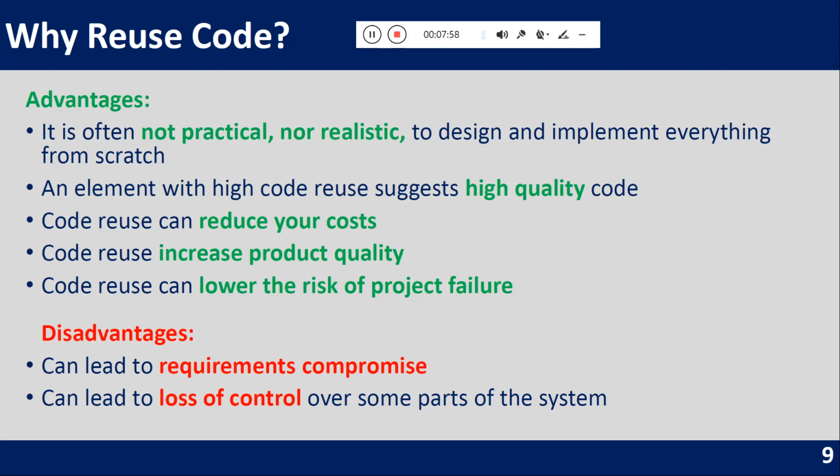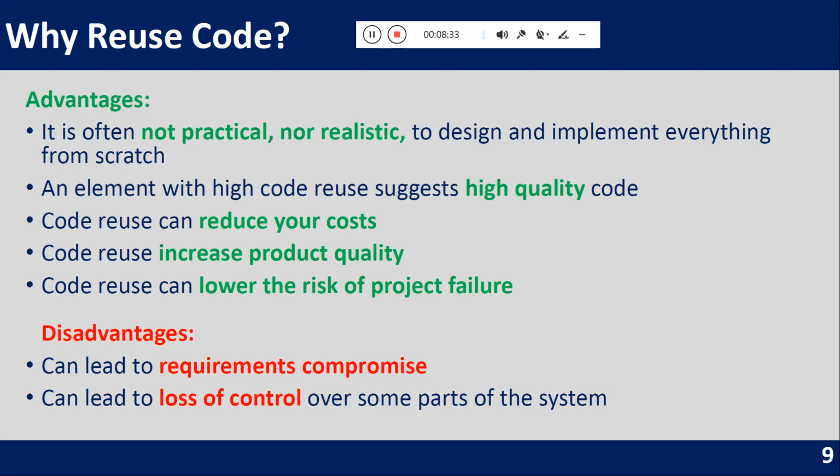You cannot write from compiling assembly language to assembly language very complex, and an element with high code review suggests high quality code, which means this code is a very essential module for this project, so it must be high quality. And it is not necessary, but what if people tend to reuse your code?